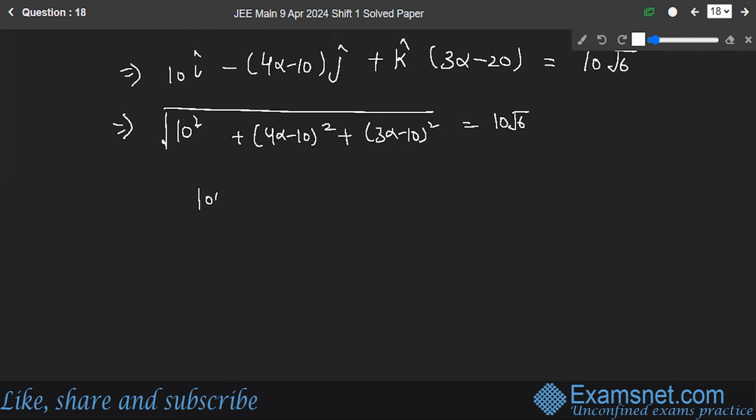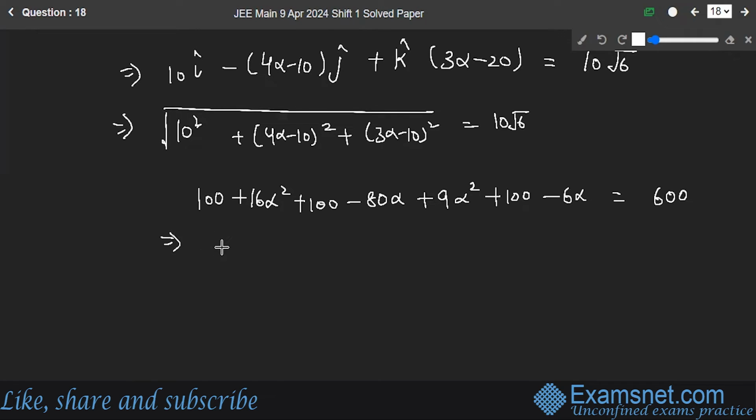Or you have 100 plus 16 alpha square plus 100 minus 80 alpha, 9 alpha square 100 and 6 alpha is equal to 600. Or you have 25 alpha square minus 86 alpha and 100, 100, 100 minus 300 is equal to 0.